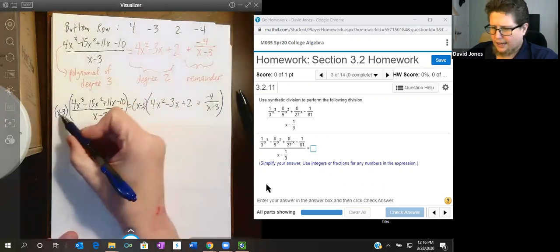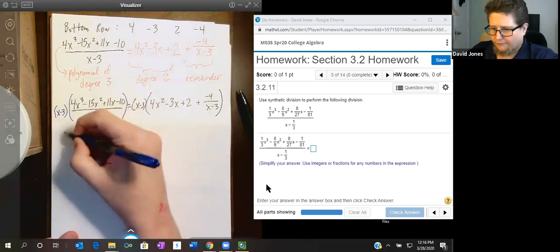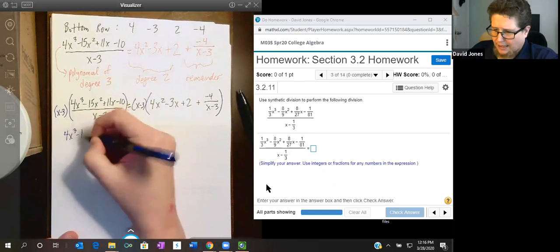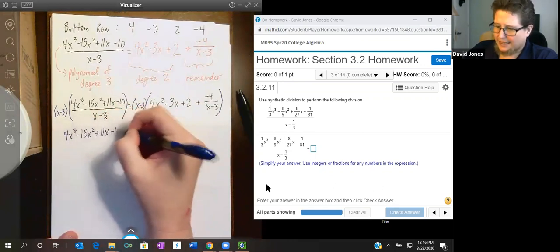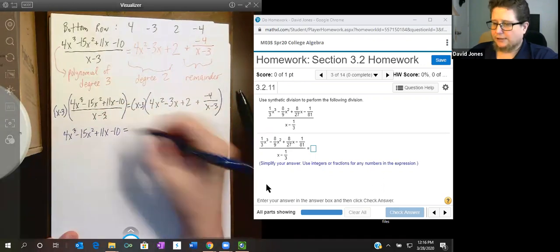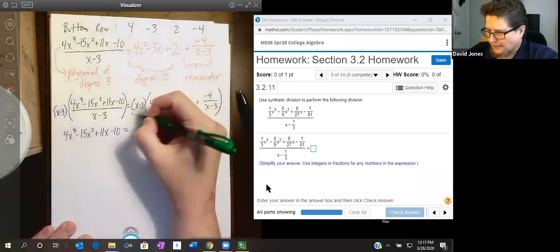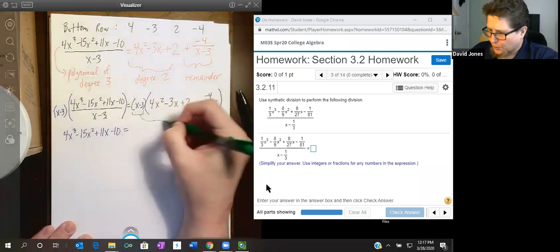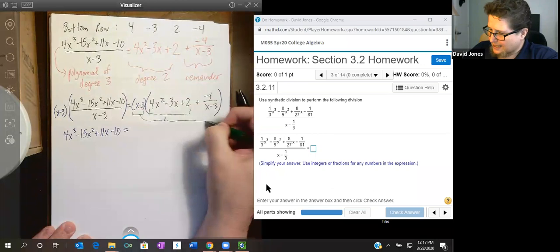Okay, so the x minus 3 here and the x minus 3 here cancel. And I get 4x cubed minus 15x squared plus 11x minus 10 equals. And what I'm going to do is distribute this x minus 3 to this set and to this.